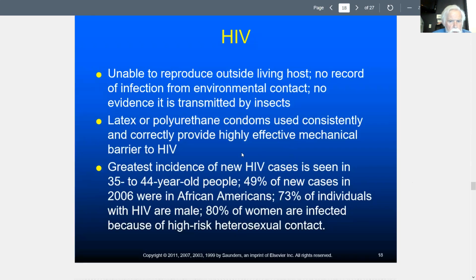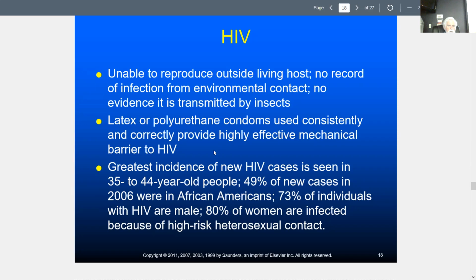HIV is very much unable to live outside a living host. There is no environmental transmission of the disease, no evidence that it can be transmitted by insects. Although one wonders, since it's a blood-borne pathogen.